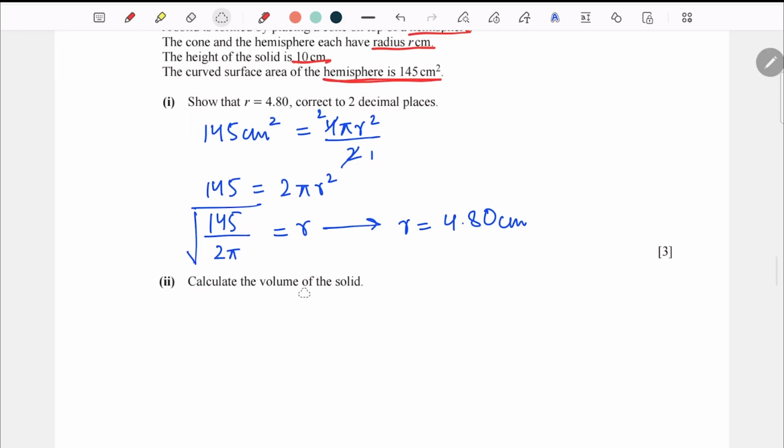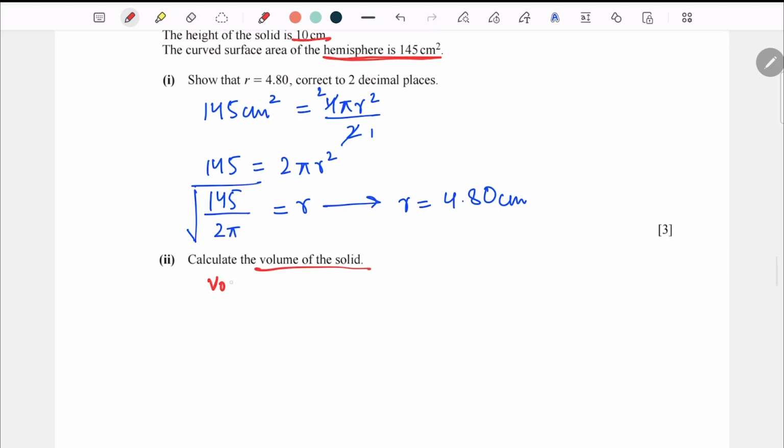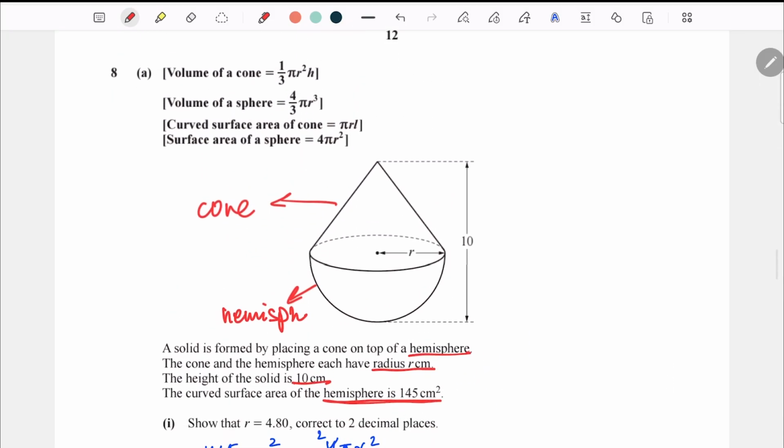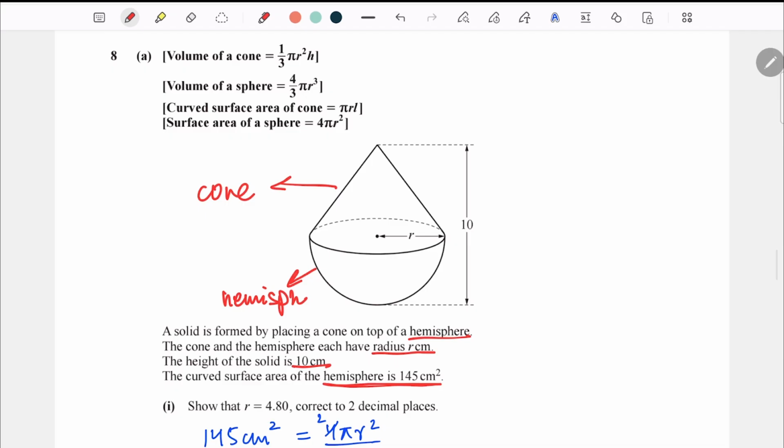In part 2, calculate the volume of the solid. Volume of the solid means volume of cone plus volume of the hemisphere. Now volume of the cone and the sphere, both formulas are given. Volume for a hemisphere will be 4 over 3 pi r cube divided by 2. So it will ultimately be 2 over 3 pi r cube.